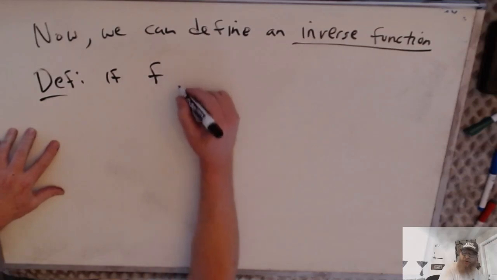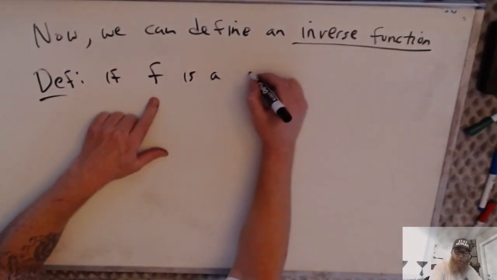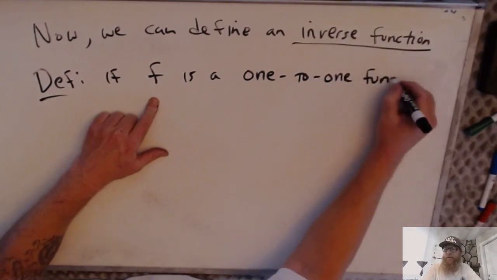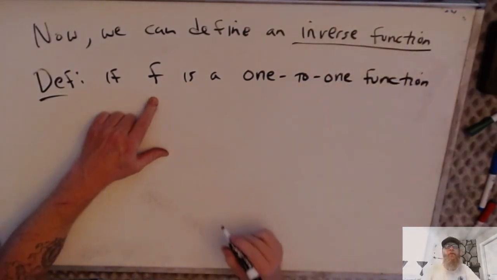If f is a 1 to 1 function, so you first have to start with a 1 to 1 function.